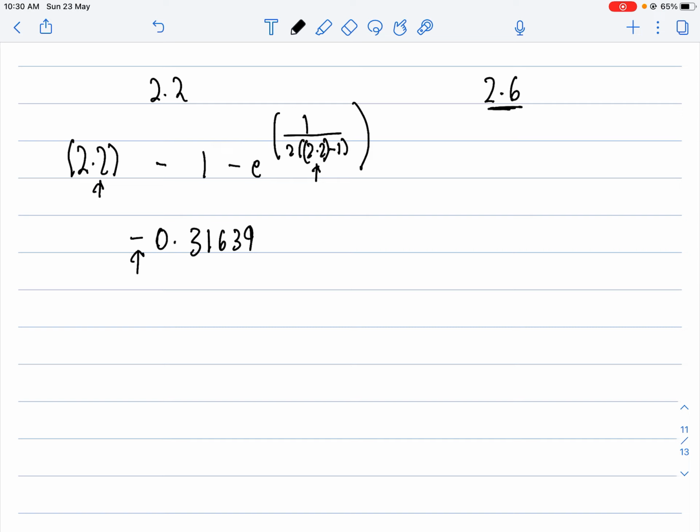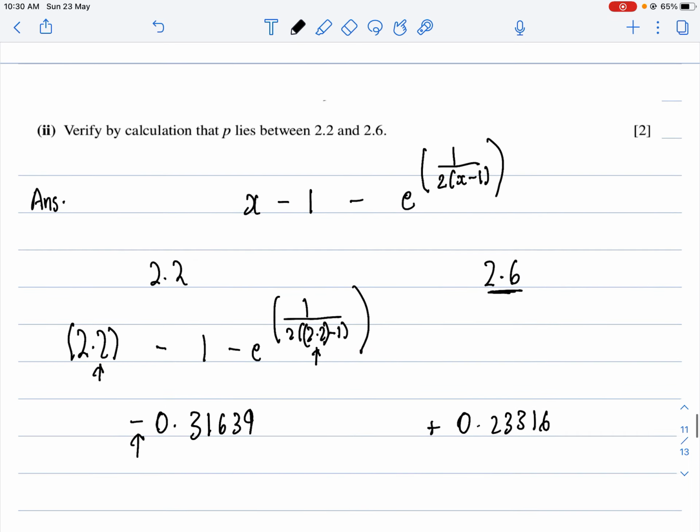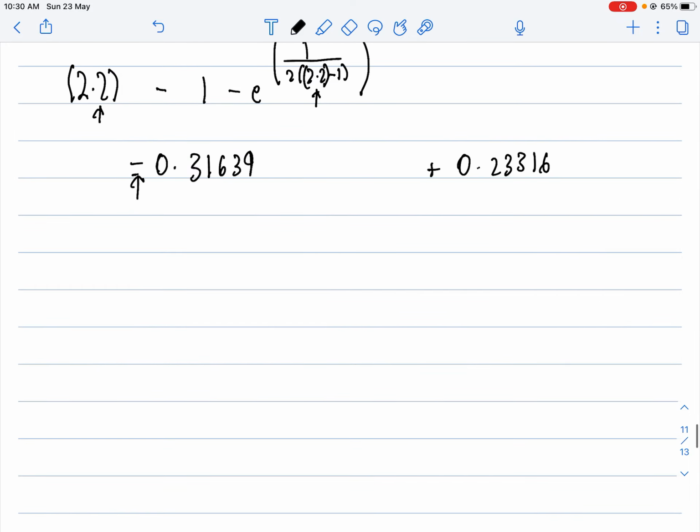Just remove 2.2 and write 2.6 there. On the calculator, when I do that, I get my answer as positive 0.23316. Now, p lies in between these values only if there's a change of sign. And as you can see, there's a change of sign. So you can simply say change of sign, hence verified.